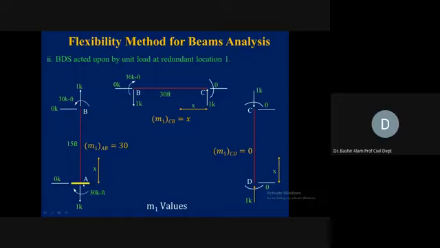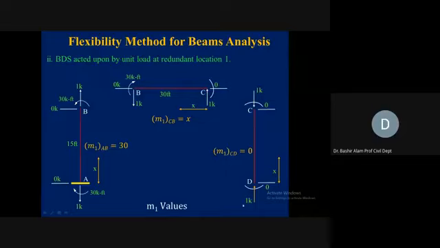This is the moment equation, applicable throughout the AB length of 15 feet, and it has a single I. Coming to BC, starting from C as we did for capital M values, the moment will be 1 times X. The moment causing compression in the outer fiber we take as positive. So M1 for BC is 1 times X, and M1 for CD is equal to 0.